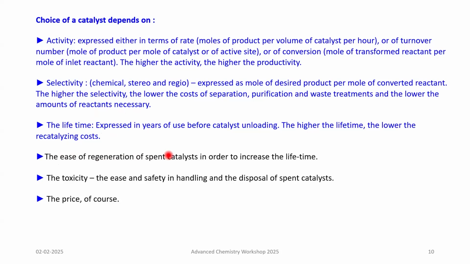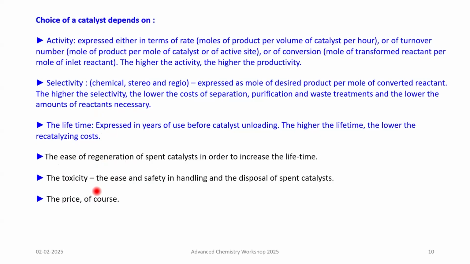If you can't throw it out, you can regenerate it. That factor also comes into the picture. Toxicity: some of the catalysts are toxic, you can't inhale them, so toxicity also has to be considered. Of course, price, money, right. So, these are some of the considerations to choose a catalyst.